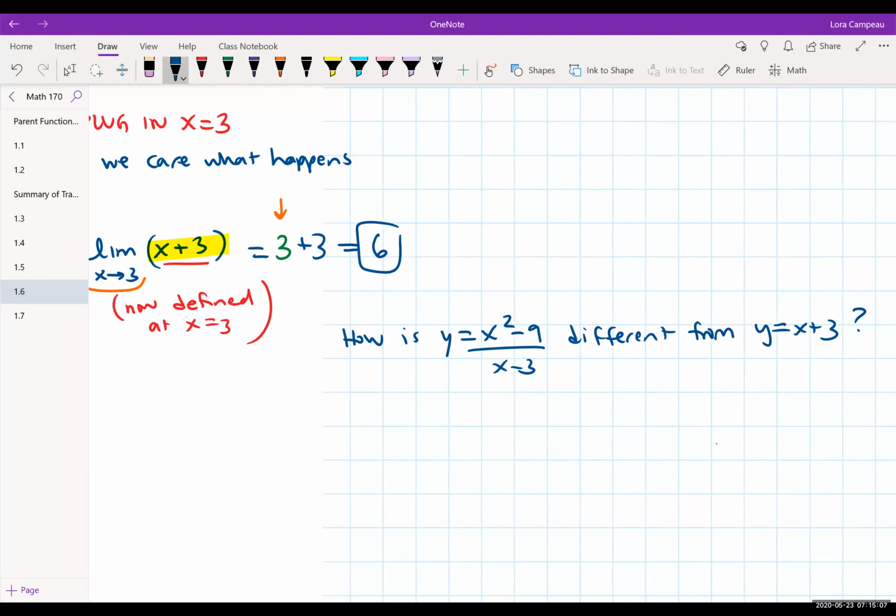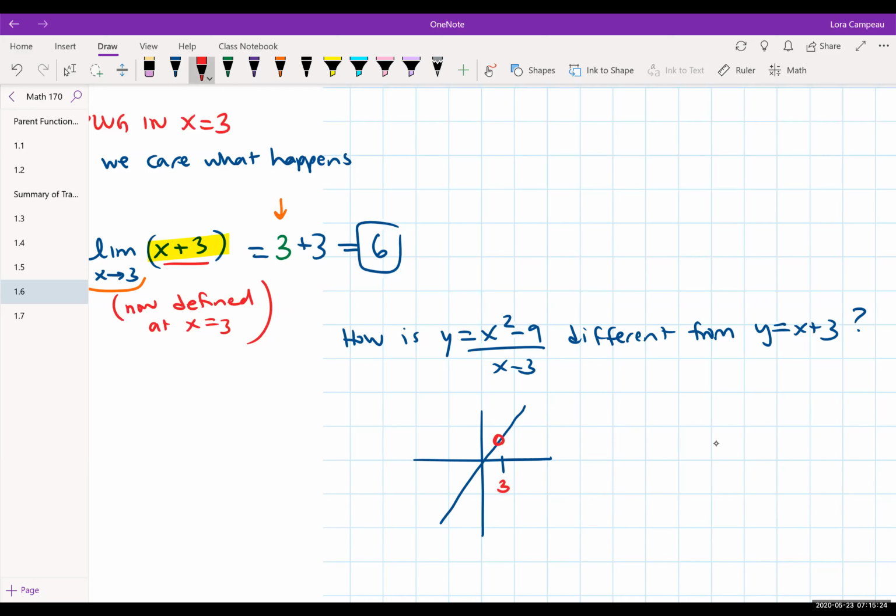Just a quick idea: with our TI, we noticed that when we graphed x squared minus 9 over x minus 3, there is a line, but at x equals 3 there was a hole.